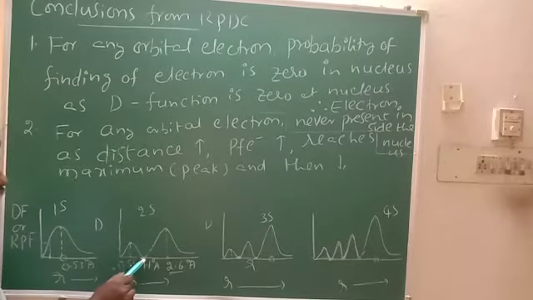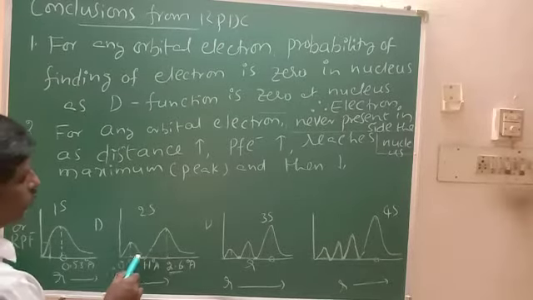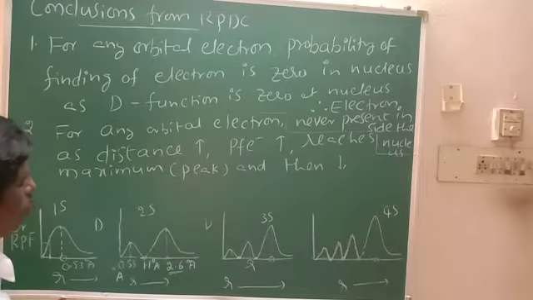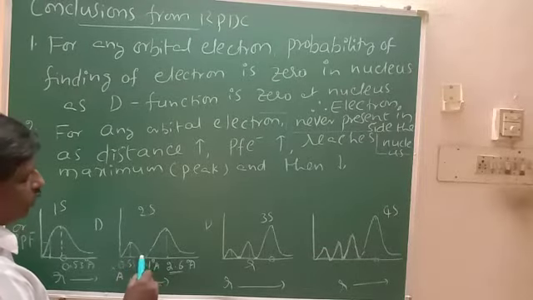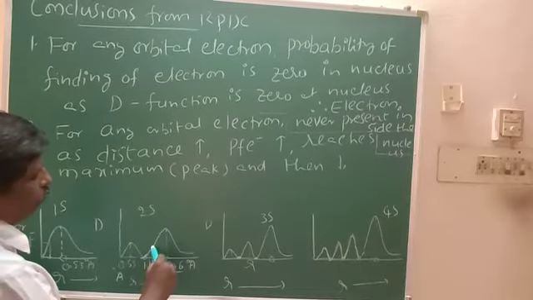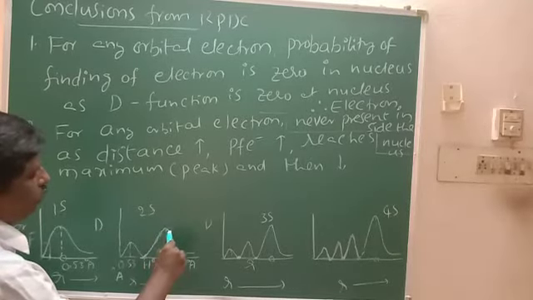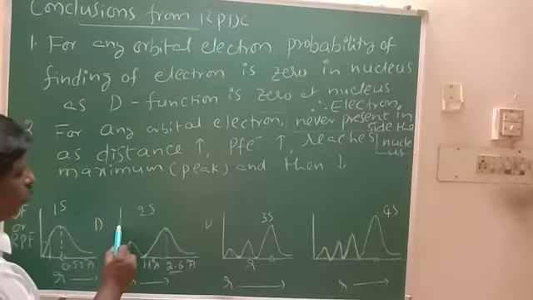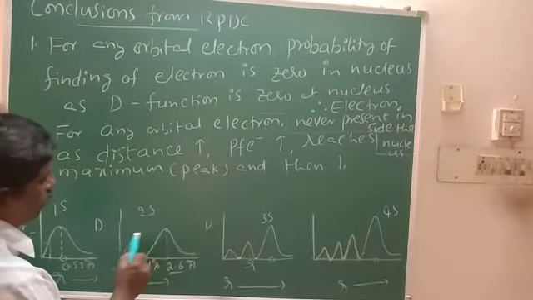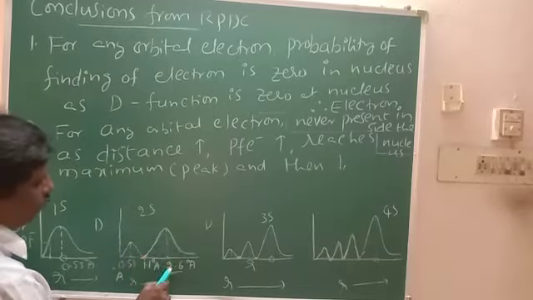Here the D function is 0. This point is called a radial node or nodal region. Again, as distance increases further, the probability increases and reaches a maximum. So in this graph, the maximum probability is this one, at 2.6 angstroms.